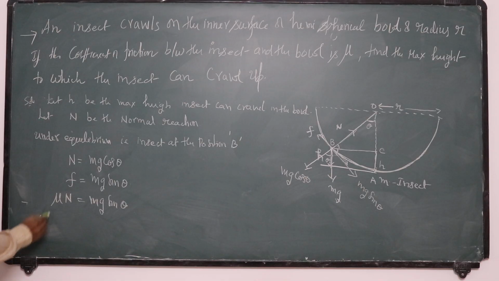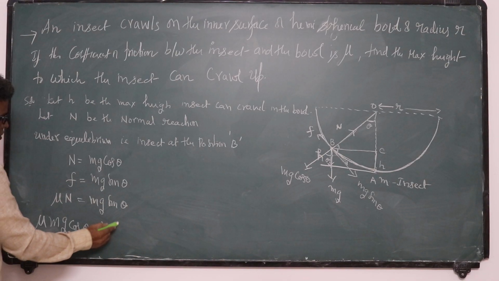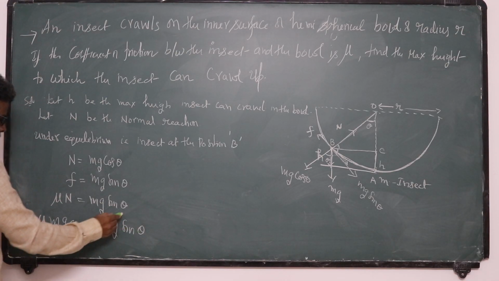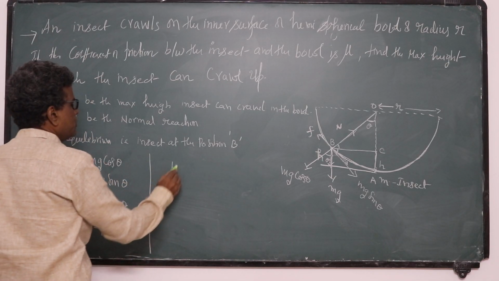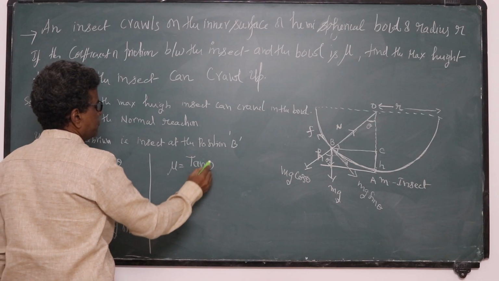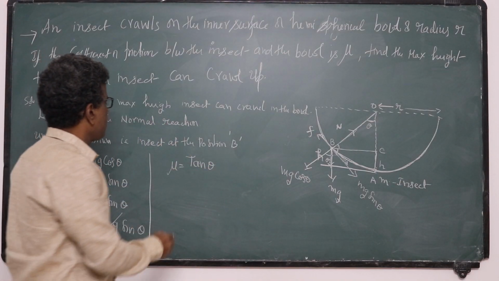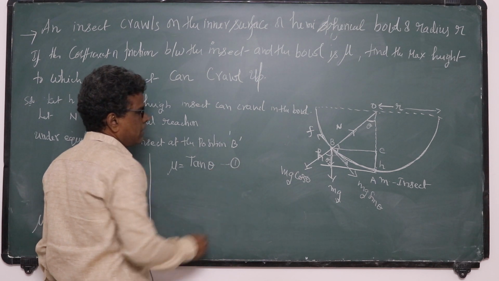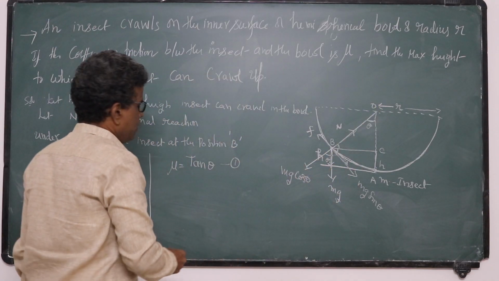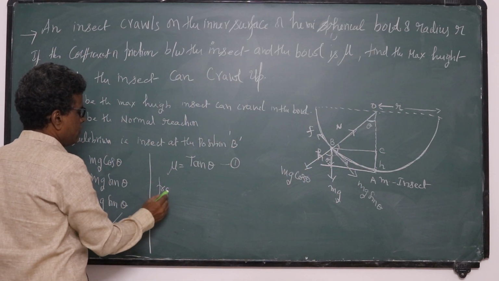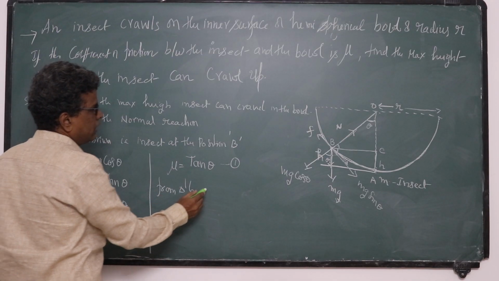What is n here? n is mg cos theta. So mu mg cos theta equals mg sin theta. The mg cancels, so mu is equal to tan theta. Call this equation 1. Now from the triangle, what is the name of the triangle?